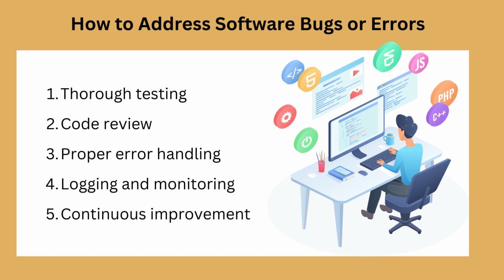First and foremost is thorough testing. Humans make errors, right? And it is no exception for software programmers as well. So, conducting comprehensive testing to identify and fix bugs related to logical integrity is a must. This includes unit testing, integration testing, and regression testing so that we can identify bugs or errors.